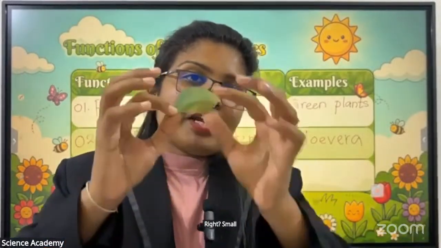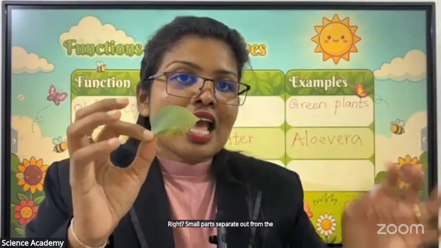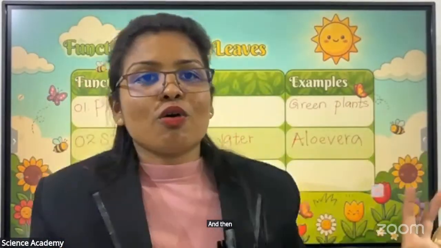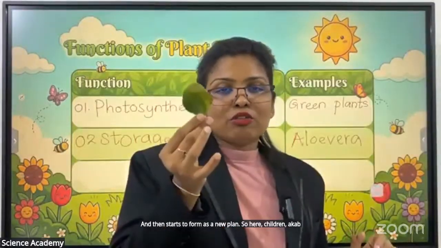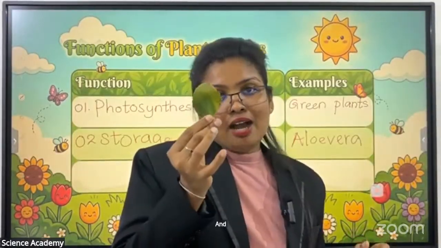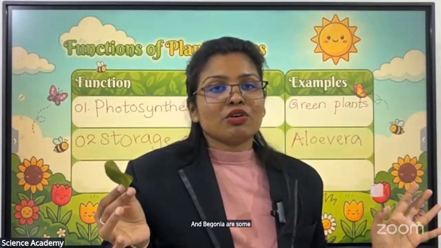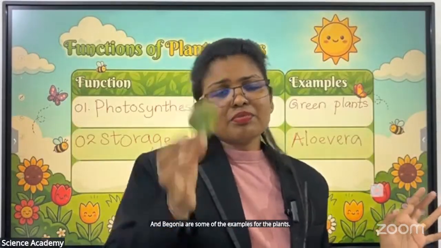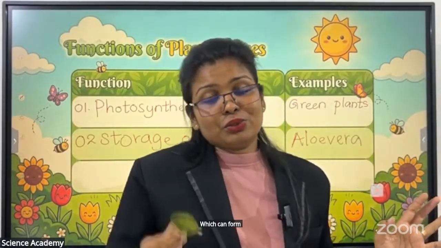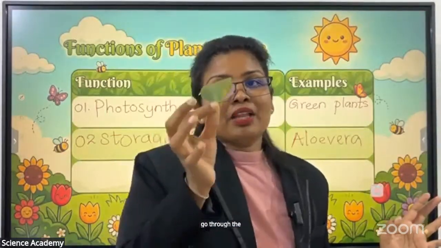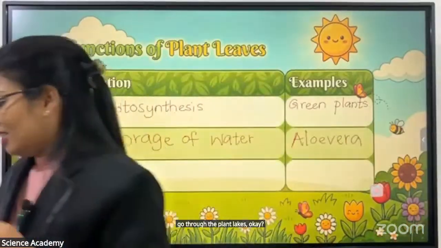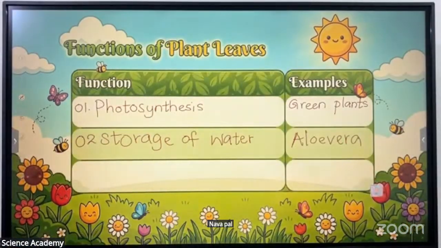Small parts separate from the leaf with the roots and then start to form a new plant. So here, children, Akkapana or bryophyllum and begonia are some examples of plants which can form new plants through the plant leaves. ශාකපත්‍ර වලින් නව පැල හදා ගන්න පුළුවන් අවස්ථා තියෙනවා.